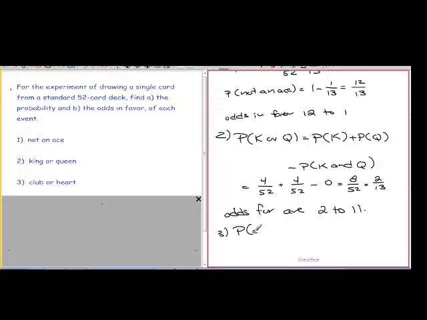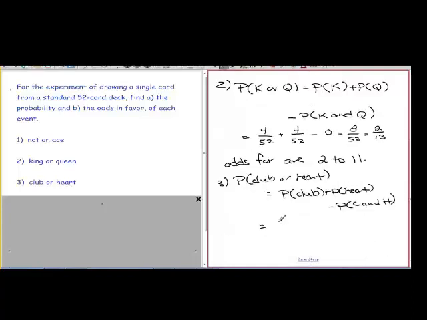So the probability of getting a club or a heart is going to be the probability of picking a club plus the probability of picking a heart minus the probability of a card that's both a club and a heart, which can't happen. So we get, there are 13 clubs out of 52 cards.